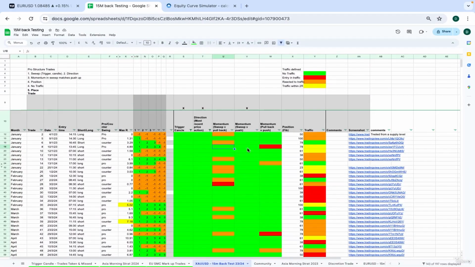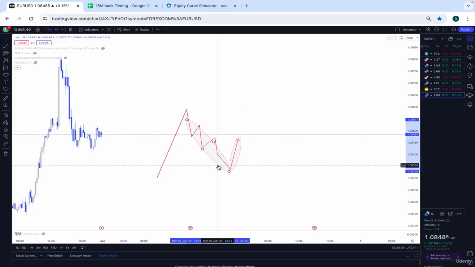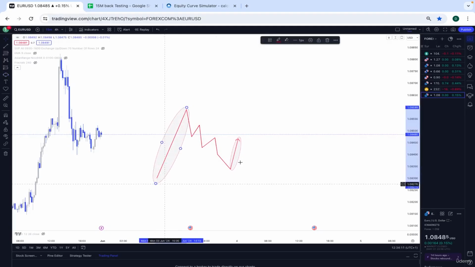This column here is essentially the sweep versus the push, and we're simply looking for strength in both. So all of these will be green because that's one of the criteria for the trade. That is essentially looking at this here, the push and the sweep.